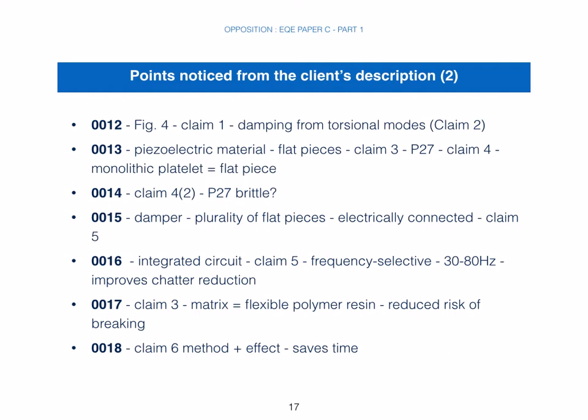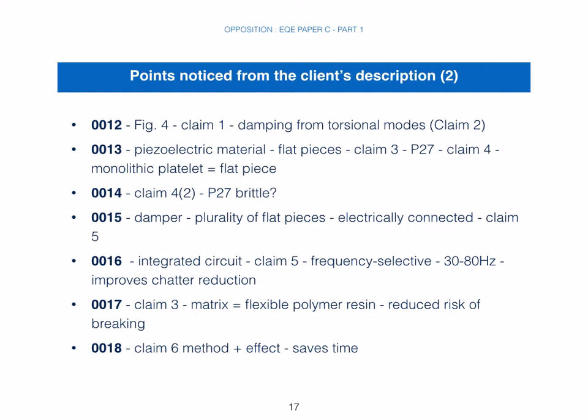Paragraph 14 relates to claim 4 when it depends on claim 2, and we will just make a note beside that it relates to that claim. It says P27 is brittle. I'm not quite sure how important that is.